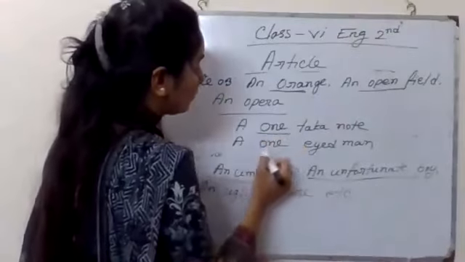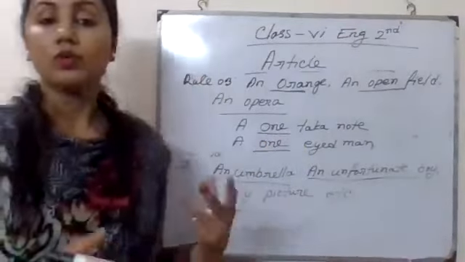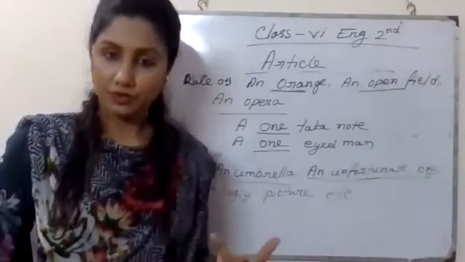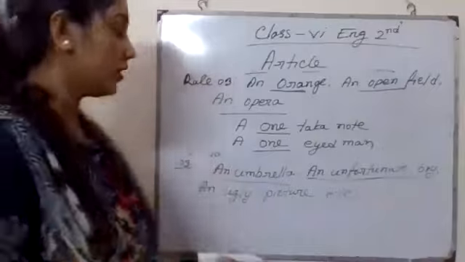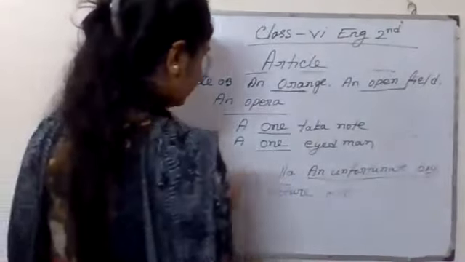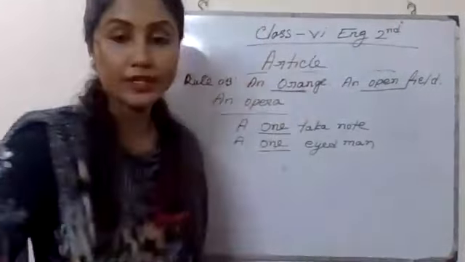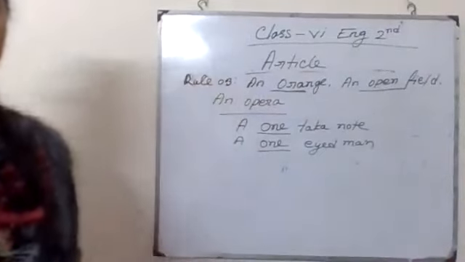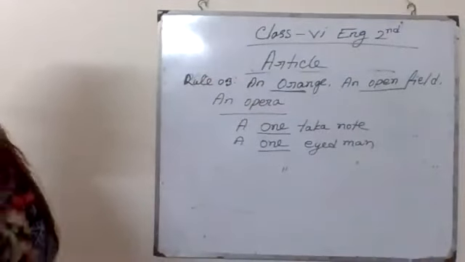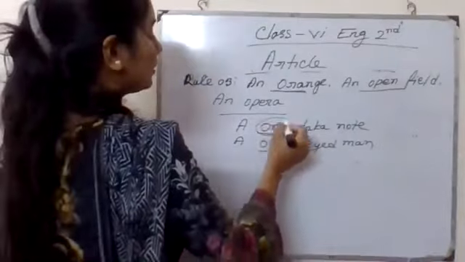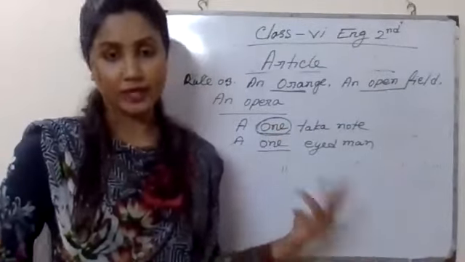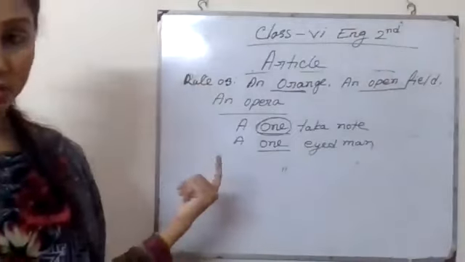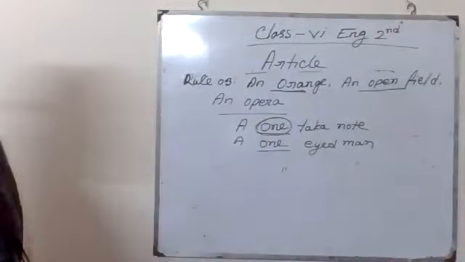But when we write one, then we have to use A before the word. This is an exceptional rule. Okay. So here O is spelled like "wun". That's why we are using A here.